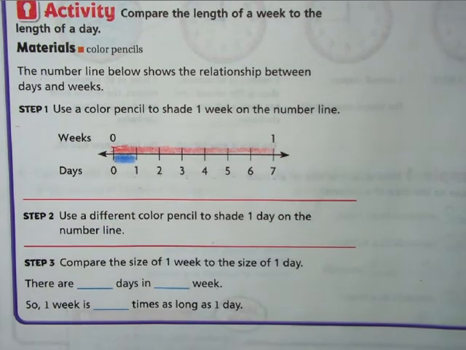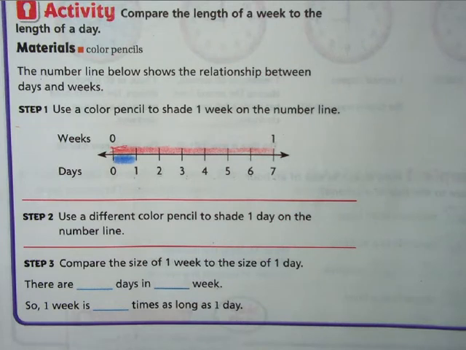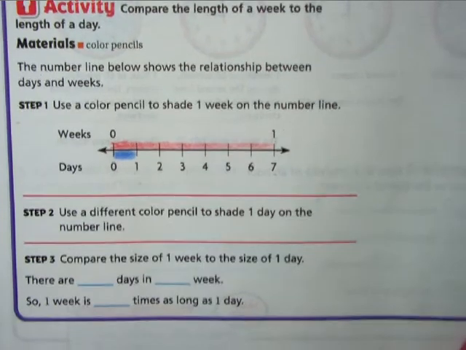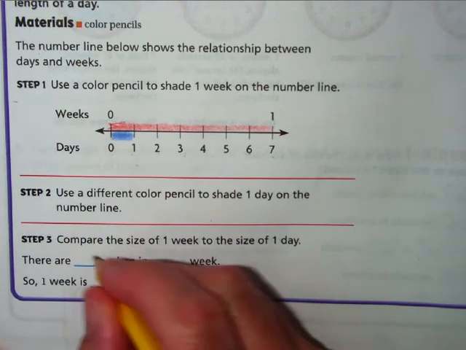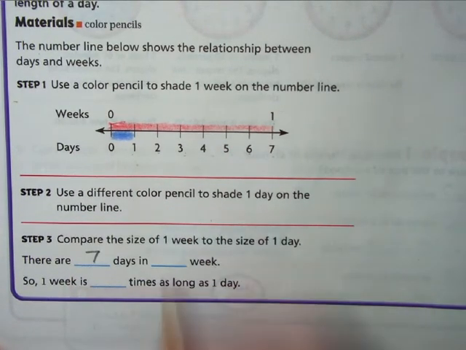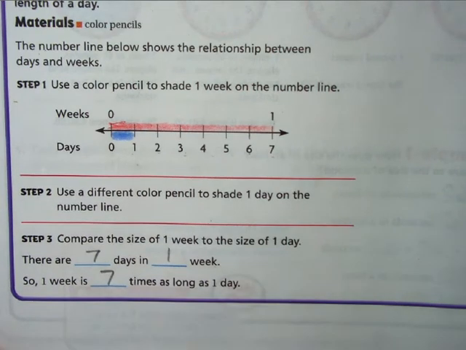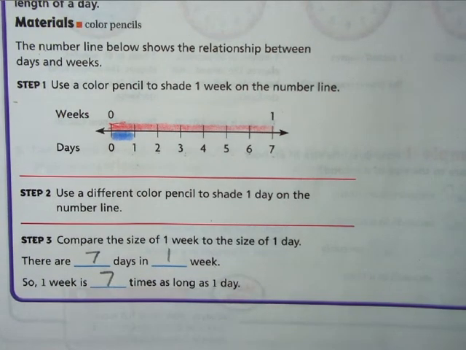So we can clearly see that a week is greater than a day. So let's get back to step 3. Compare the size of 1 week to the size of 1 day. There are 7 days in 1 week. So 1 week is 7 times as long as 1 day.